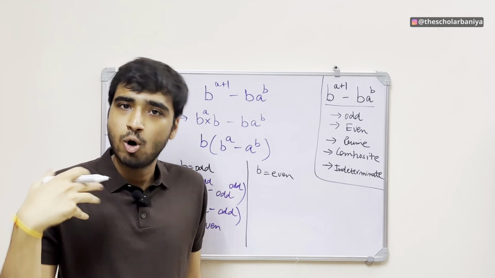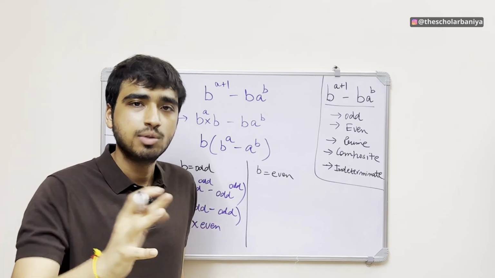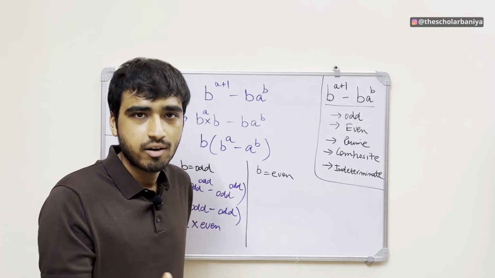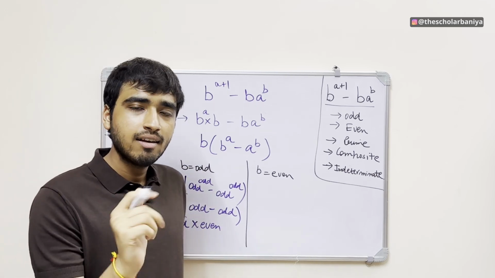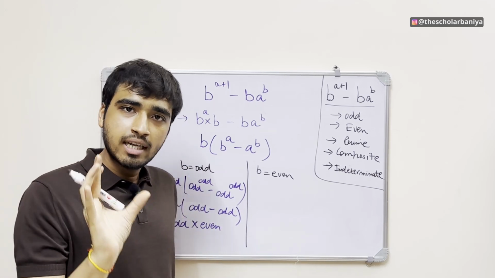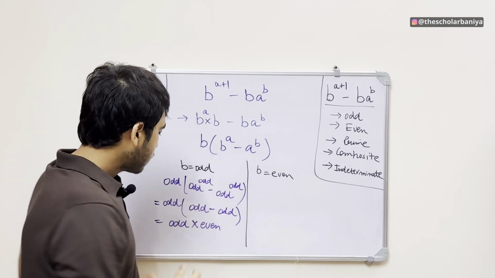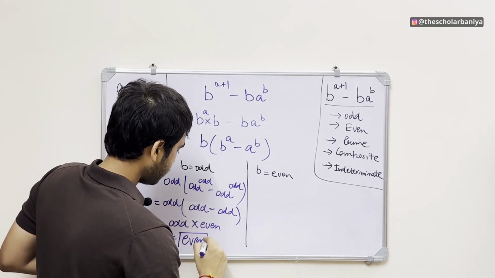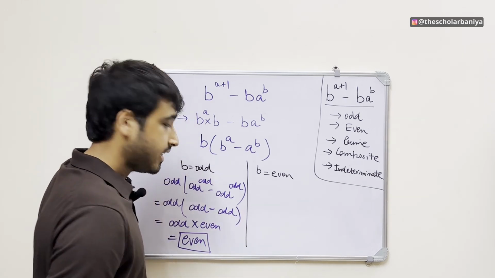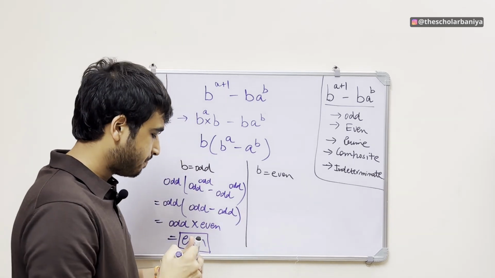Odd into even is always even. For example, 3 into 2 is 6. 3 into 4 is 12. 3 into 6 is 18. The point is that if you multiply an even number, then it becomes even only, right? So this will always be even, right? I hope this should be clear.